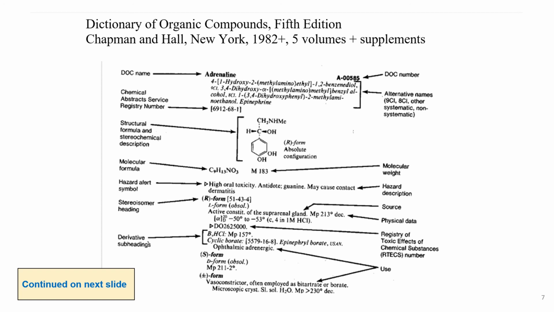There is some information in the older edition which is not in the current edition. This dictionary also exists as an online database, which very few people subscribe to. This is just a continuation of the sample record, which you will see inside the cover of the Dictionary of Organic Compounds.